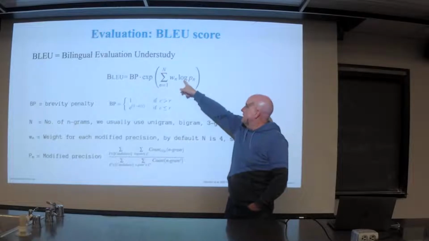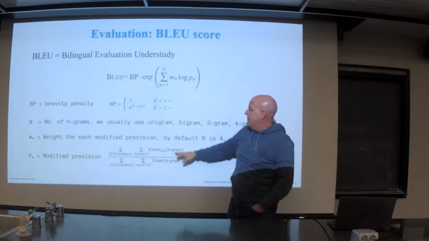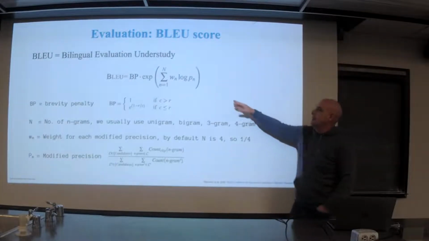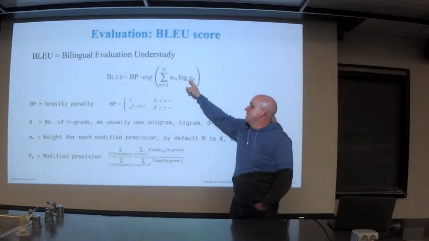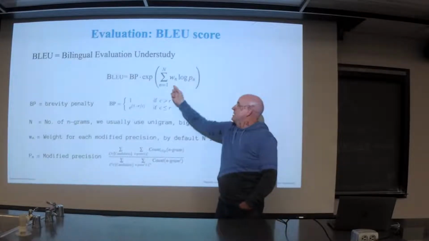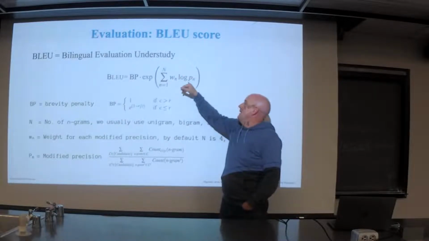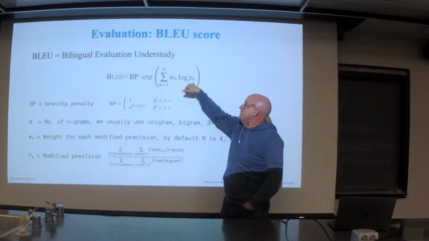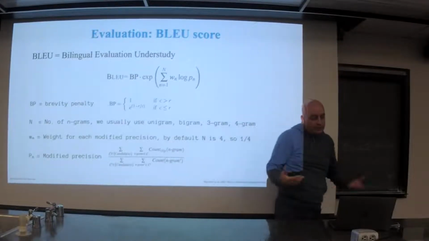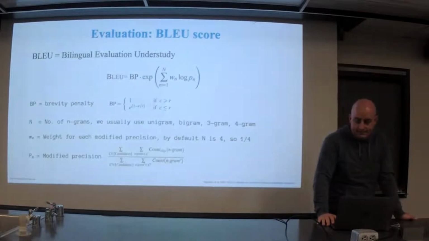Each one of these is a log of a value between 0 and 1, and so these will be negative, from minus infinity to 0. So to maximize this, we want these to all be as close to 0 as possible. And the way that happens is that we find all of the n-grams in our translation.